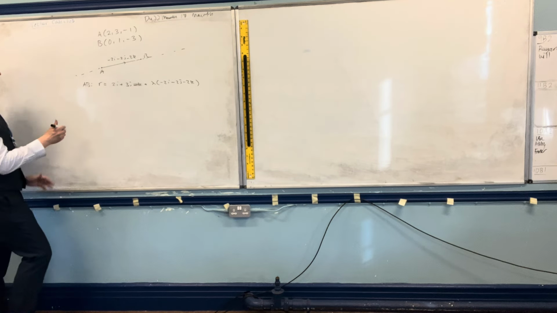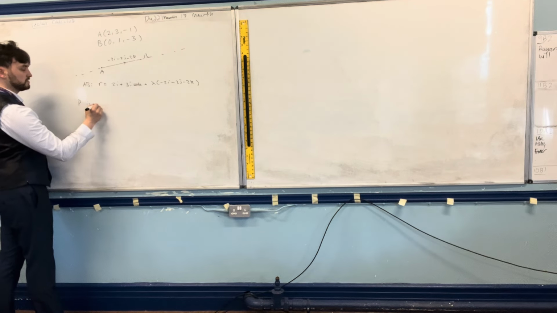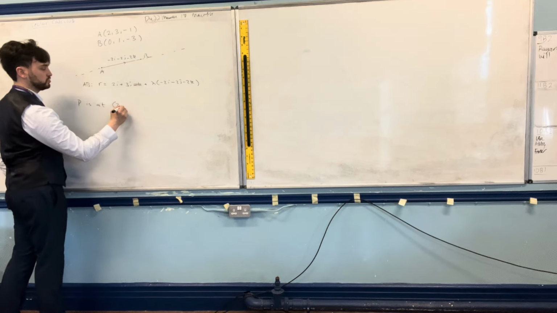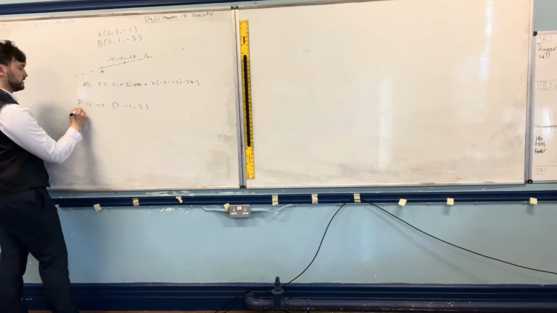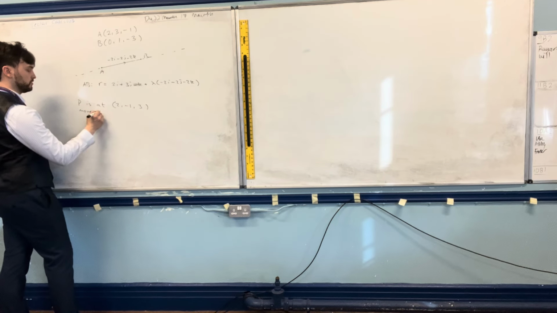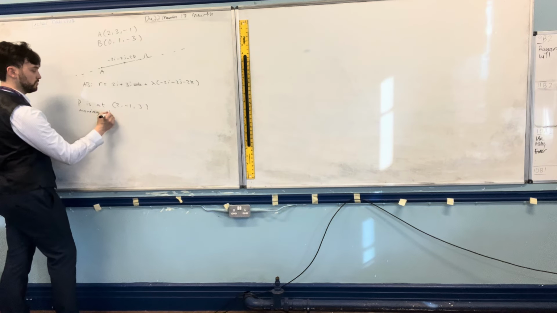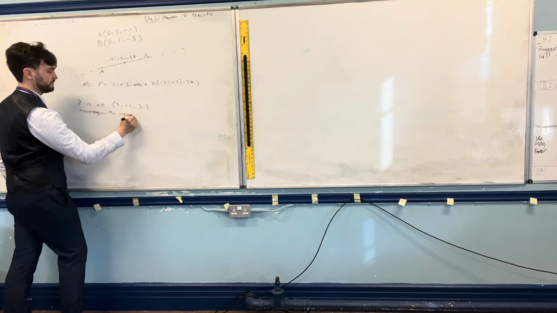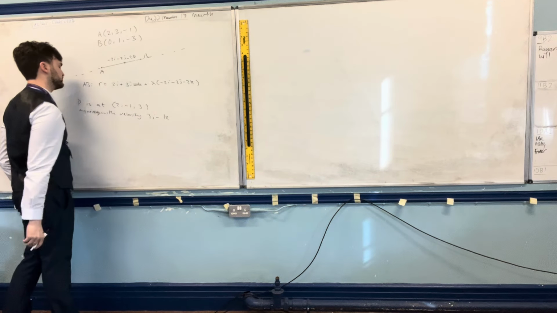So, if I've got a particle P at 2, negative 1, 3, and it's moving with velocity 3i minus k.